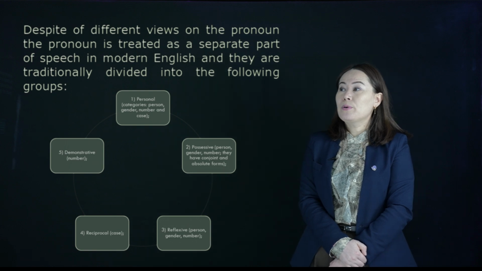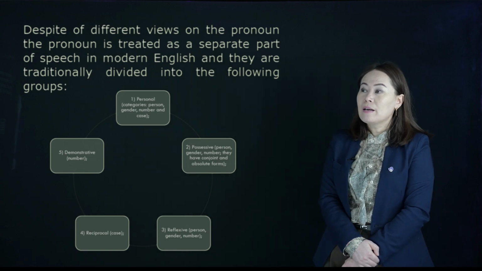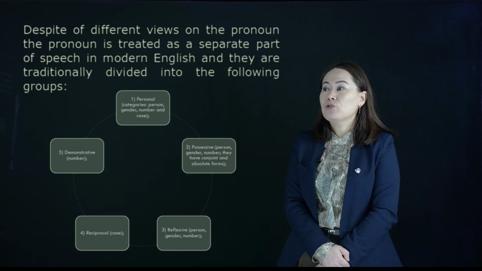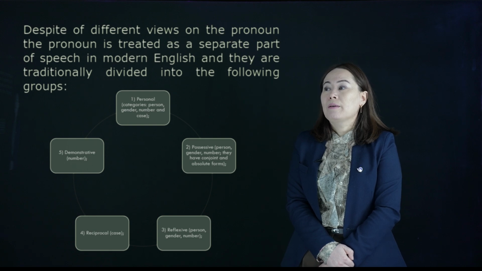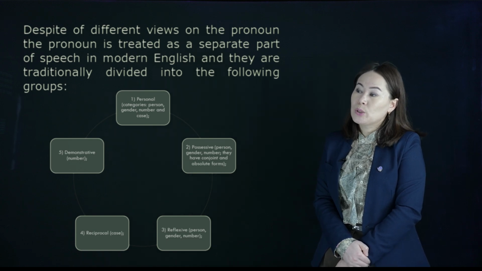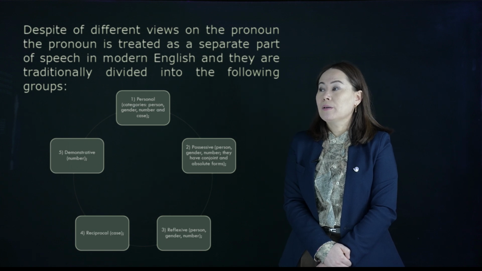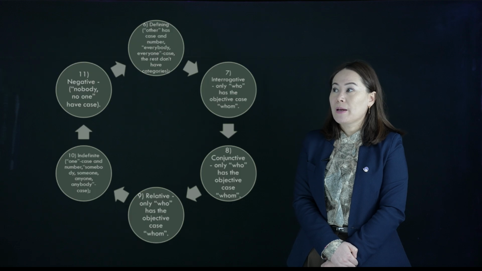Here are the personal pronouns, with categories: person, gender, number, and case. Possessive: person, gender, number; they have conjoint and absolute forms. The third one, reflexive; fourth, reciprocal; and fifth, demonstrative.